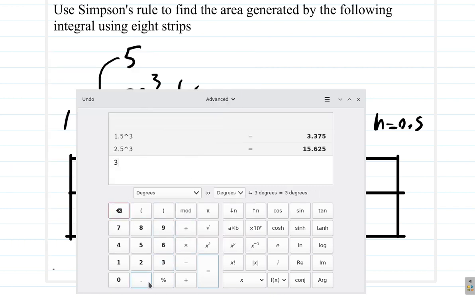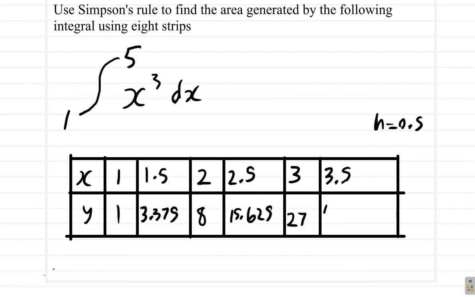So we have 3.5 raised to the power of 3 equals 42.875.